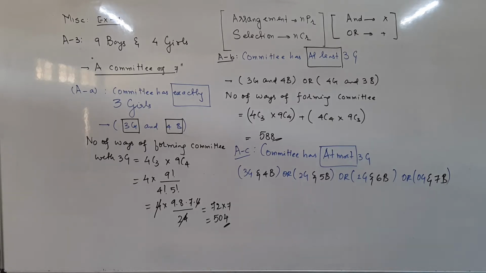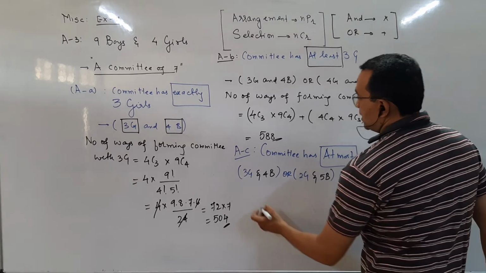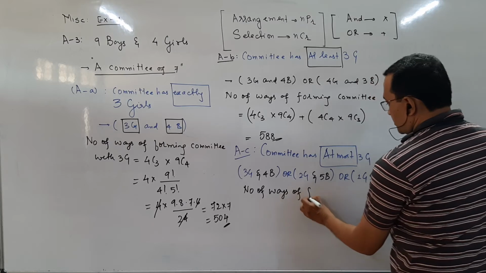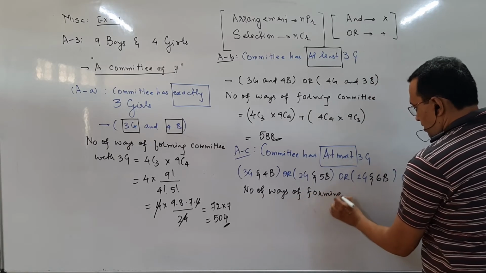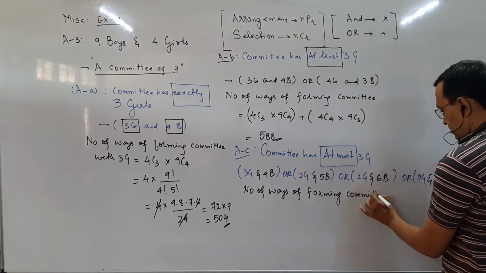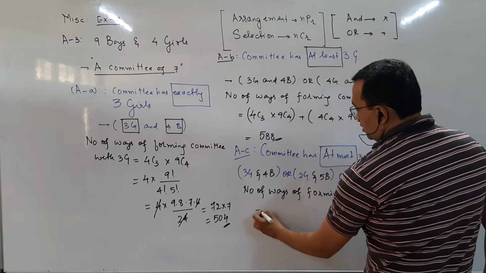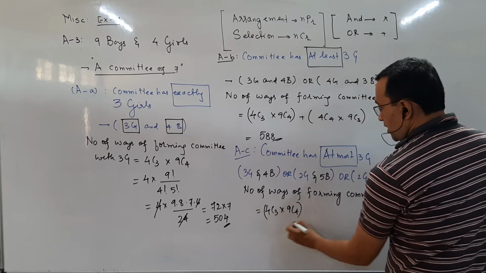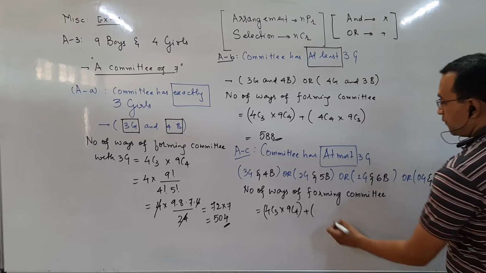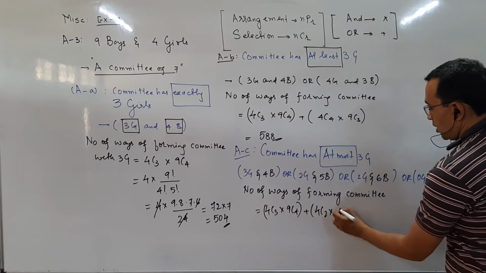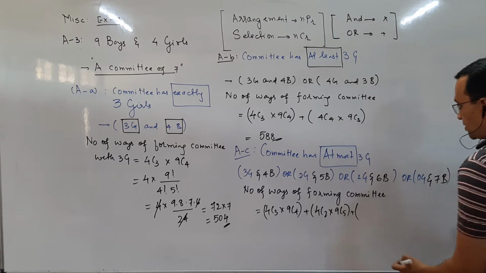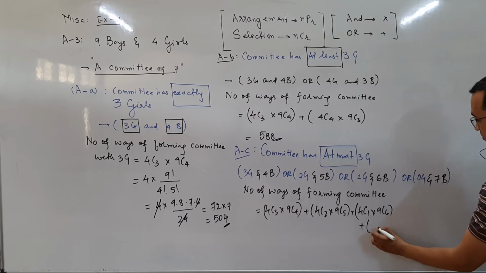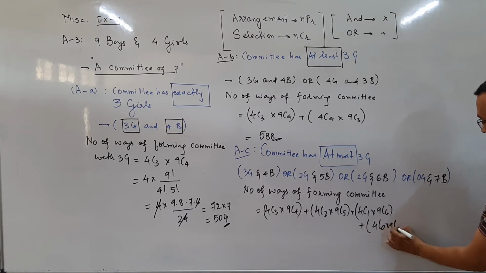So here, the number of ways of forming the committee is equal to: out of 4, 3 girls and out of 9, 4 boys, so 4C3 into 9C4, or plus out of 4, 2 girls and out of 9, 5 boys, or plus out of 4, 1 girl and out of 9, 6 boys, or plus no girls and 7 boys.